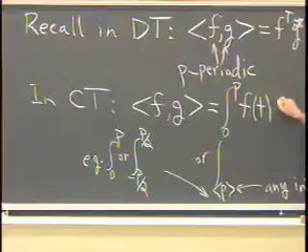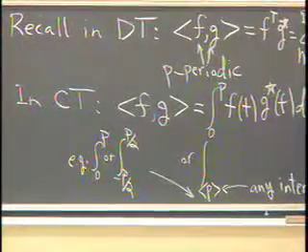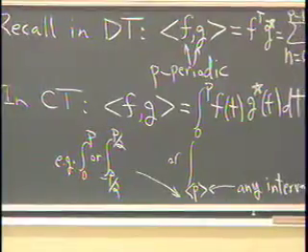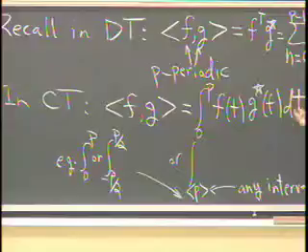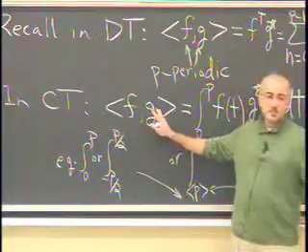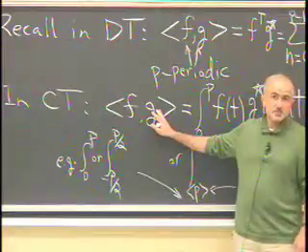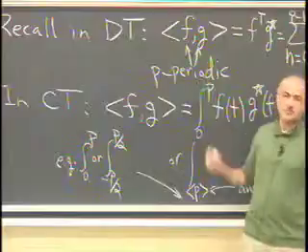f of t, g conjugate of t dt. By the way, it doesn't take a whole lot of imagination to think that if we move beyond periodic signals and you want to take the inner product of, say, two non-periodic continuous time signals, what's going to change? The integral now goes from minus infinity to infinity.